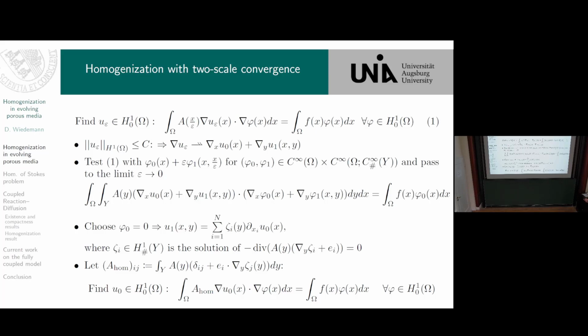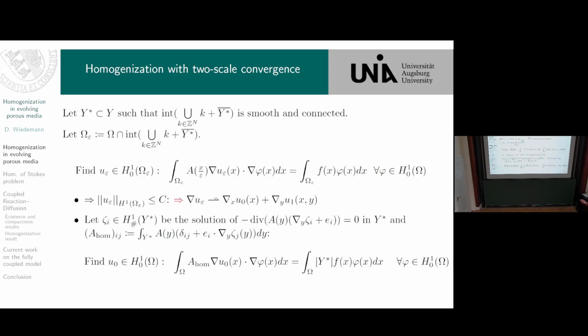Okay, what's important here, and this is what we will use later on, is that it is enough that we have here some strong two-scale convergence for this coefficient in order to pass here to the limit. And if it's some general strong two-scale convergence, this limit here can also depend on x, and thereby the cell problems can depend on x as well, and then this effective coefficient can depend on x too.